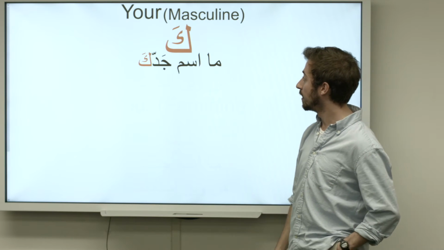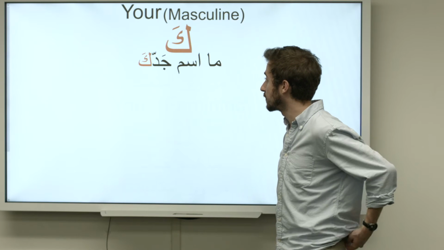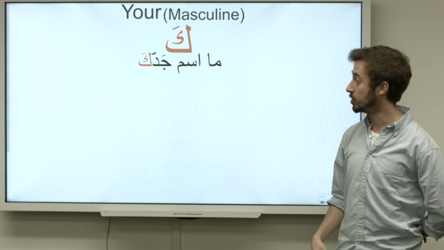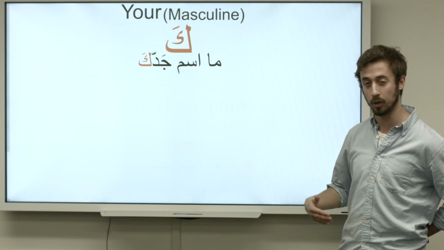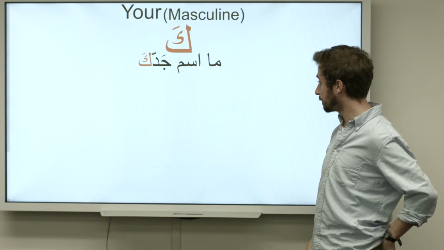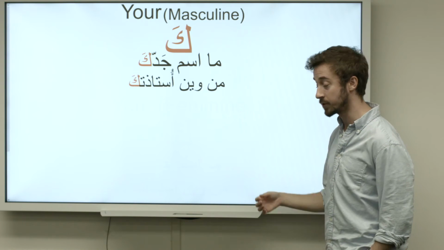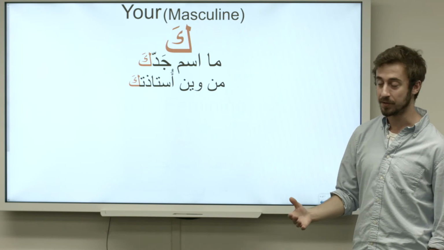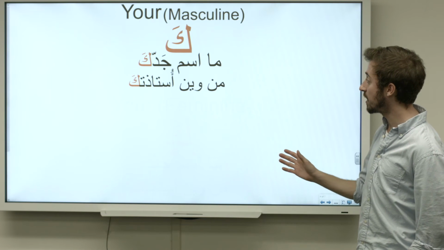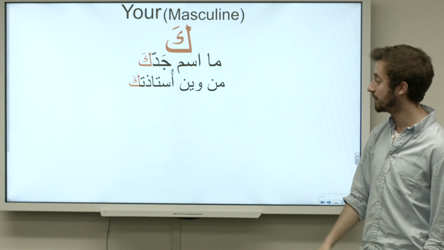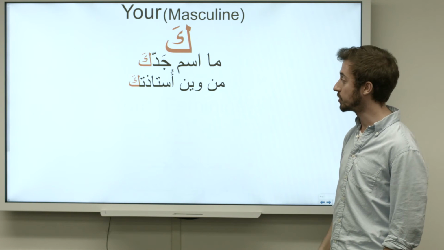It gets a little tricky with this because you can pronounce it in a couple of ways. You can say jadduka or jaddek, which is more colloquial and spoken Arabic. Now we're going to do it with a word with a ta marbuta, ustadha, female professor. Min wain ustadhatuka, or ustadhatek?